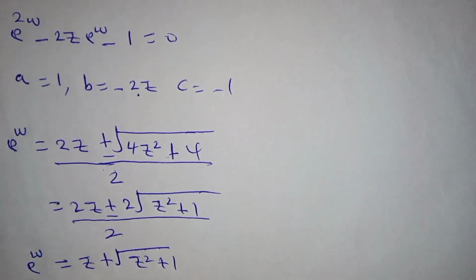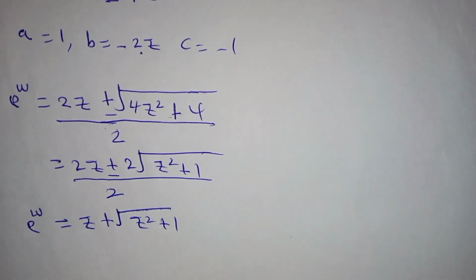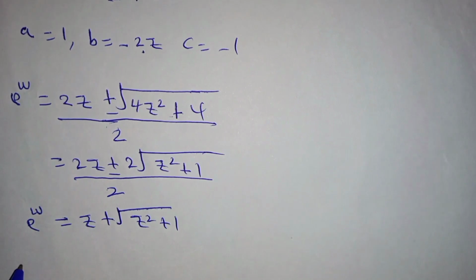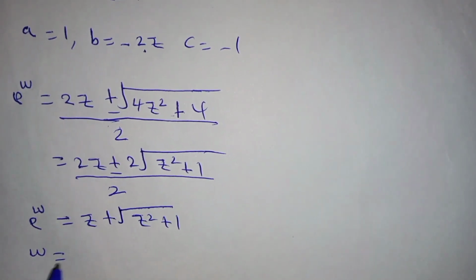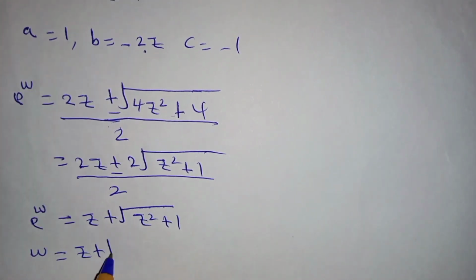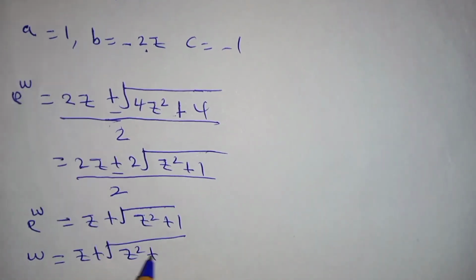So exponential w is equal to that. We take the natural logarithm on both sides so that now you have w is equal to the natural logarithm of z plus square root of z squared plus 1.